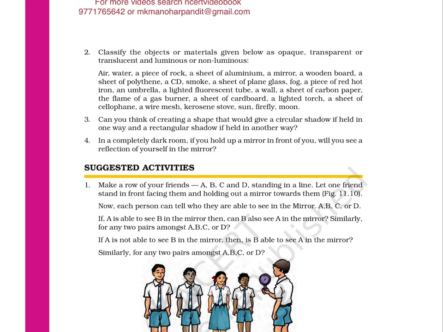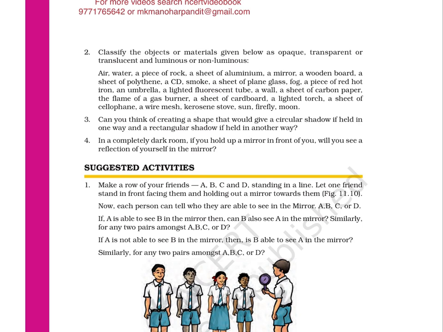The objects or materials are air, water, a piece of rock, a sheet of aluminium, a mirror, a wooden board, a sheet of polythene, a CD, smoke, a sheet of plain glass, fog, a piece of red-hot iron, an umbrella, a lighted fluorescent tube, a wall, a sheet of carbon paper, the flame of a gas burner, a sheet of cardboard, a lighted torch, a sheet of cellophane, a wire mesh, kerosene stove, sun, firefly, and moon.